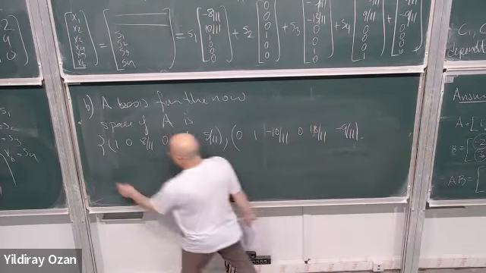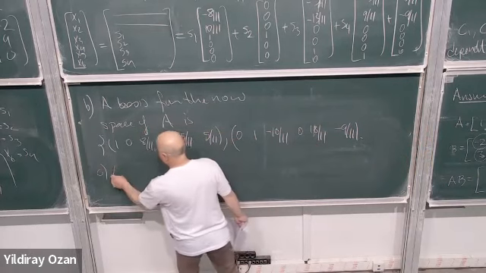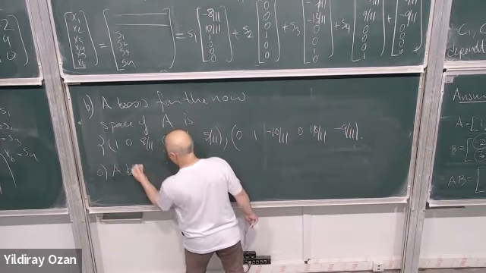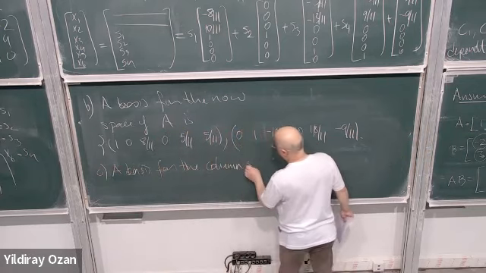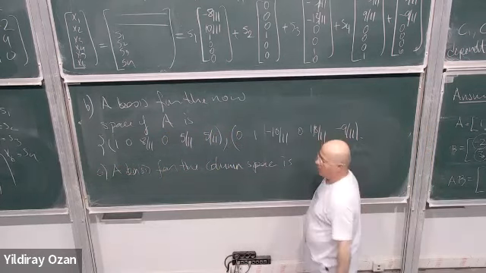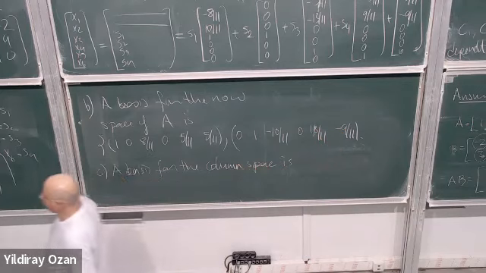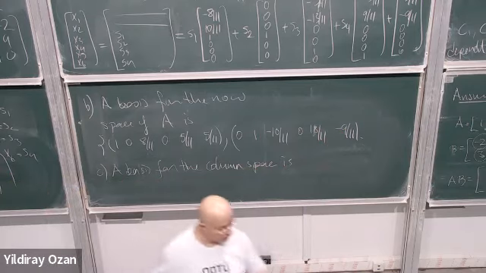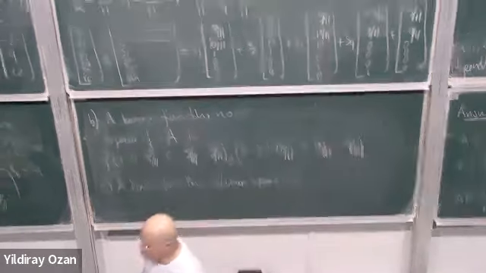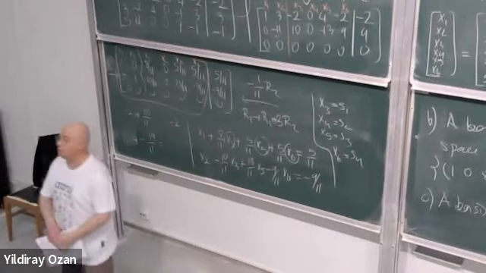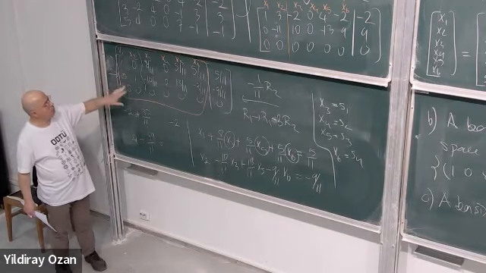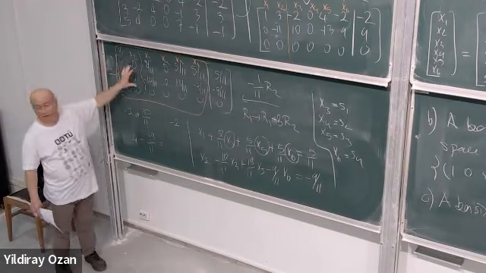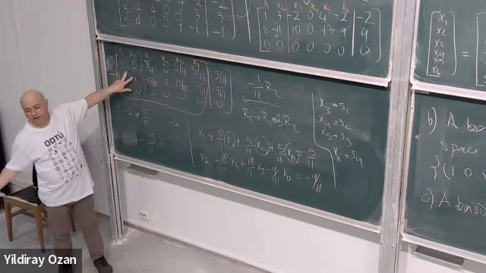What about a basis for the column space? You look at the row reduced echelon form, and then you decide which columns you will take. When you look at this one, you have to pick two linearly independent columns. Of course, these are linearly independent.